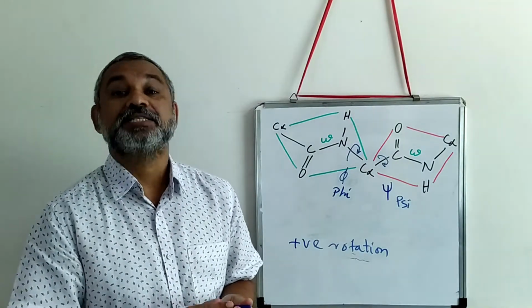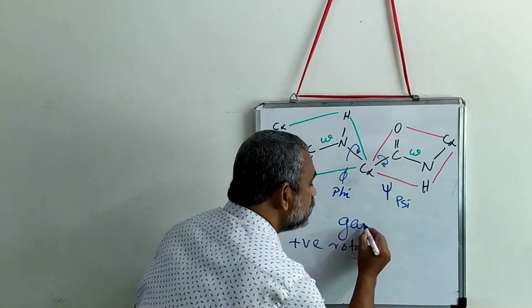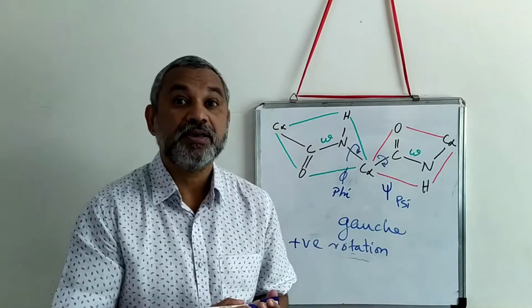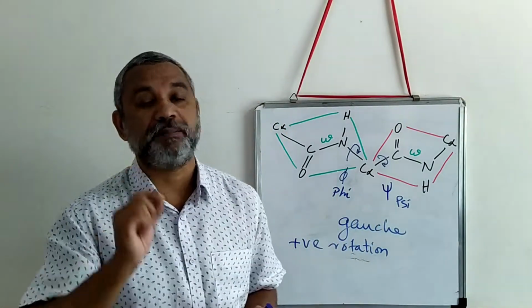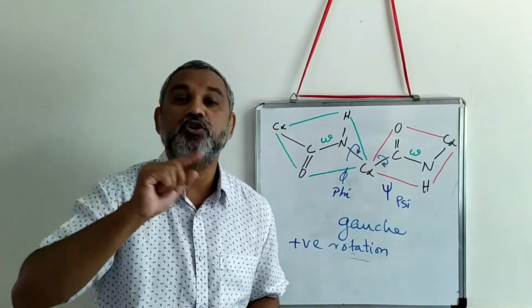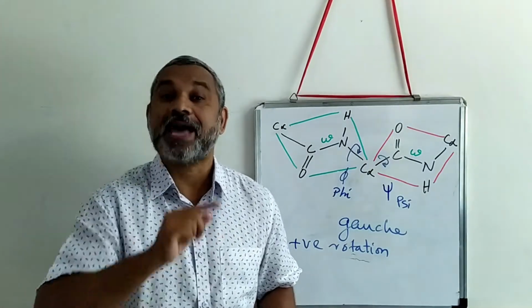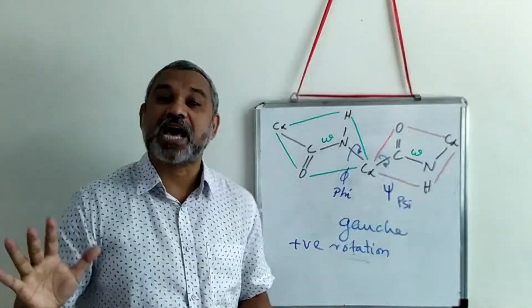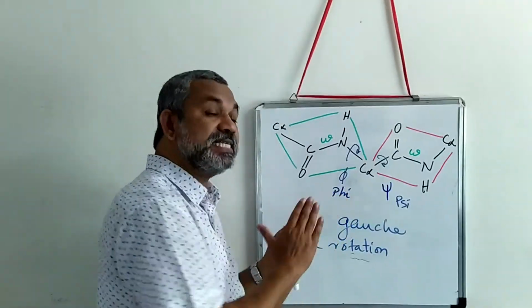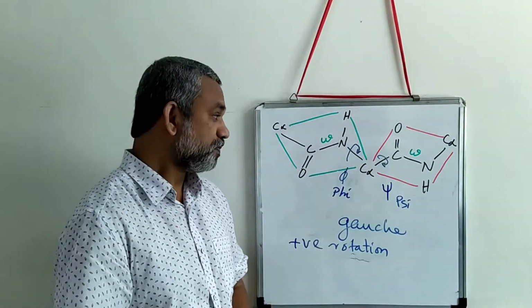Apart from this, some amino acids will have something called a gauche angle, which is normally seen in the R group of the amino acids. If the R group has a very long side chain, it can have a gauche angle also. These are the types of dihedral angles that you will find in a protein.